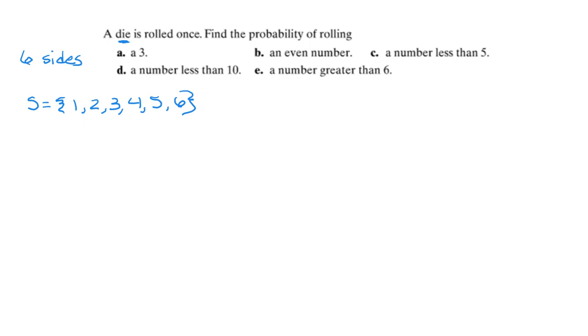All right, so let's take a look at A. A is asking us for the probability of rolling a 3. So we put probability of a 3. When we're looking at the probability of rolling a 3, we're looking at all the possible ways of rolling a 3. Remember, the cardinality of the event occurring divided by the cardinality of the sample space.